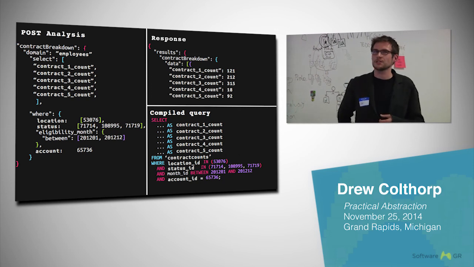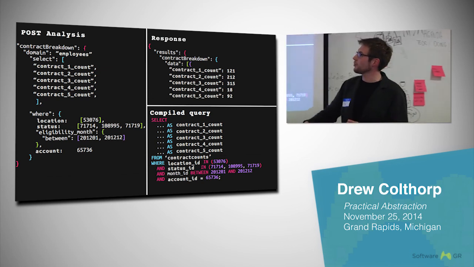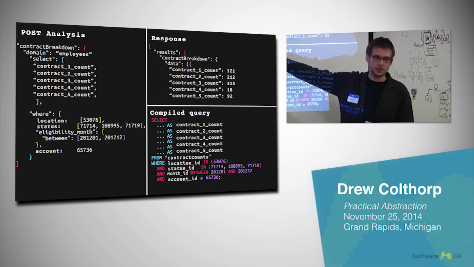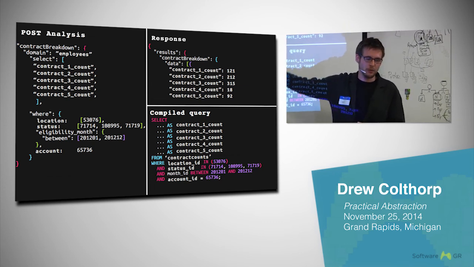If we could think of our application not as reporting on companies' employees, but as a reporting system where the reports worked within a certain pattern, maybe we could get more leverage out of the work that we would do building the API endpoint. So we created an API where we could post to an endpoint an expression of what we wanted.